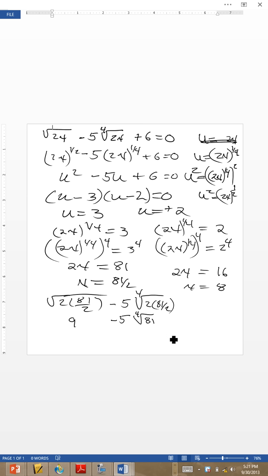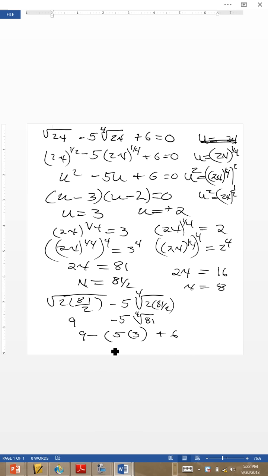Now the 4th root is the square root of the square root. Over here we knew the square root of 81 ended up being 9. Now we're going to take the square root of that, the square root of the square root, which will collapse that to 3. So it's 9 minus 5 times 3, and then it looks like we're in balance.